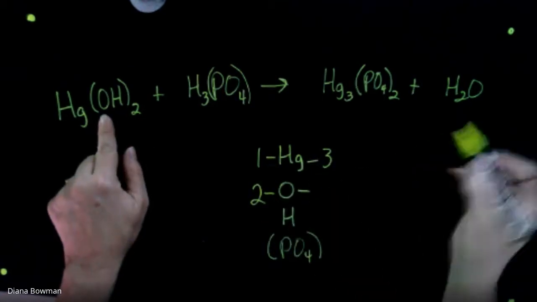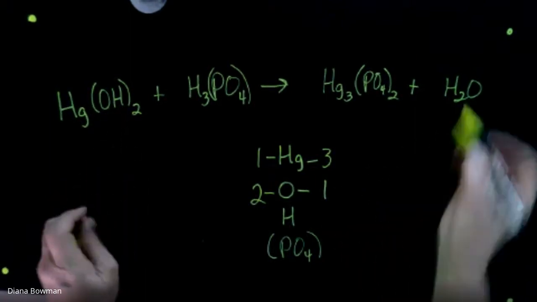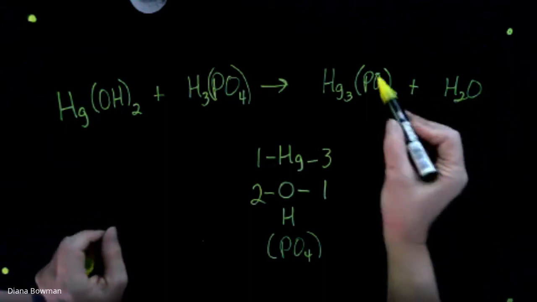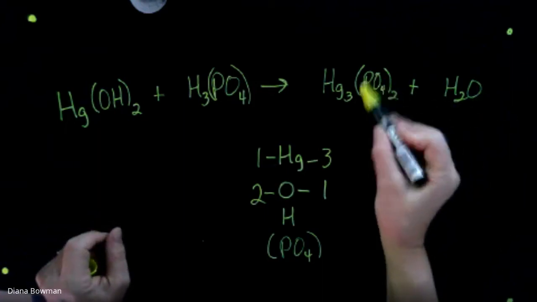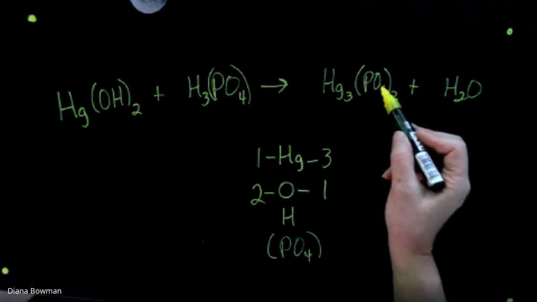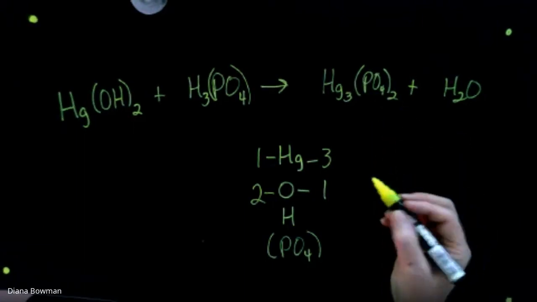And I have 1 oxygen here. You're like, no, Miss Bowman, there's not 1. There's like 4 times 2. There's like 8, and there's another one that's 9. Remember, I'm going to keep these PO4s together, so I'm not even going to pay attention to the fact that it's got phosphorus and oxygen in it. I'm just going to pay attention to it as if it's like a single element all by itself.